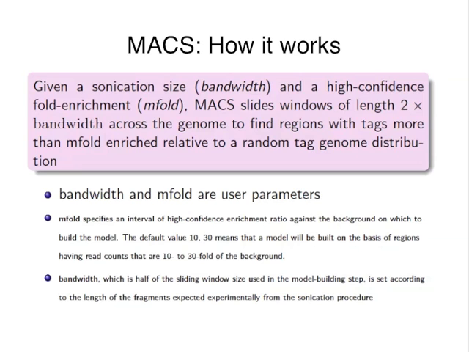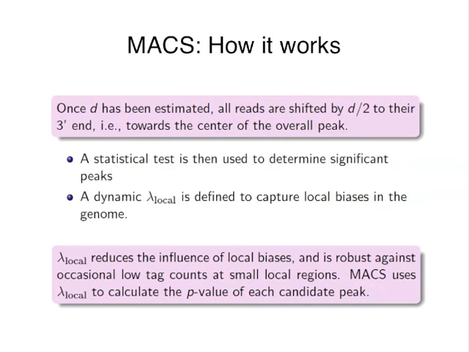Once this model is built, a d is estimated, and then all reads are shifted by d over 2, where d is the fragment length as it was estimated. You could also set this yourself if it's unable to build a model. It shifts all the reads to the center of the overall peak, and then it uses a statistical test to determine which peaks are significant once everything has been moved to its center.